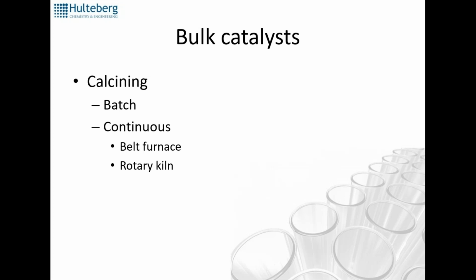For continuous systems like belt furnaces and rotary kilns, you can actually have a more continuous flow of NOx coming out of the system, and perhaps also better temperature control.